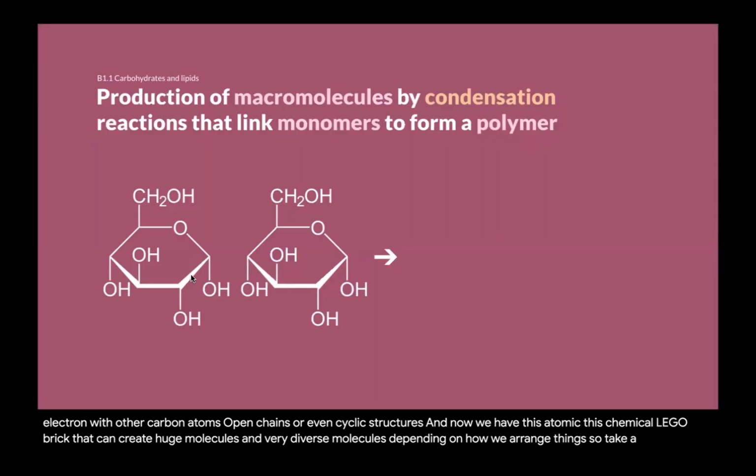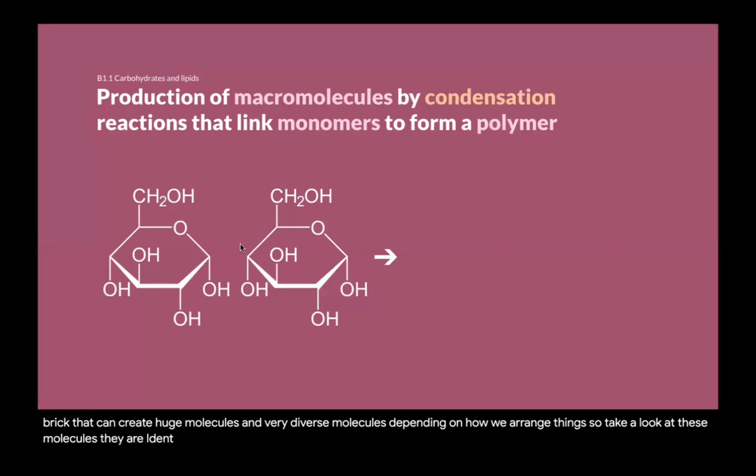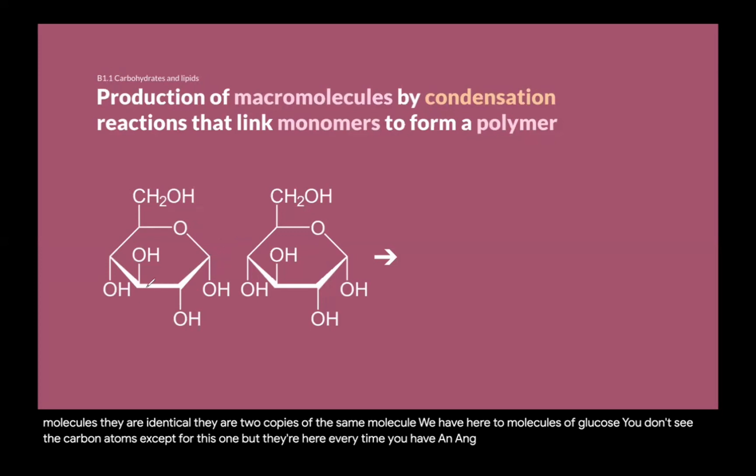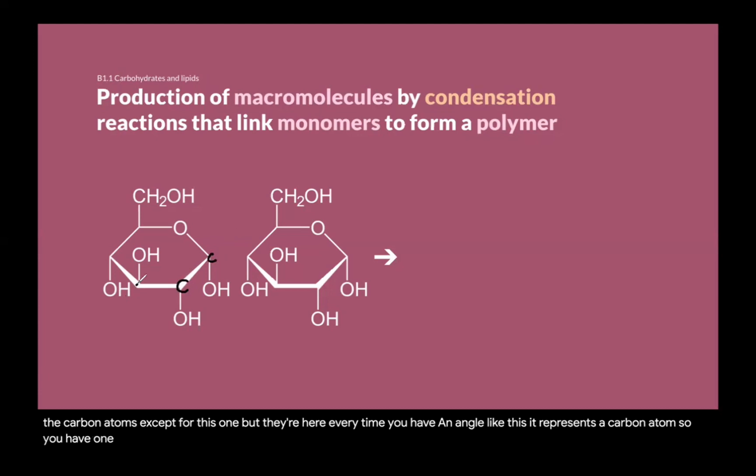So take a look at these molecules. They are identical. They are 2 copies of the same molecule. We have here 2 molecules of glucose. You don't see the carbon atoms except for this one, but they're here. Every time you have an angle like this, it represents a carbon atom. So you have 1, 2, 3, 4, 5, and 6 up here.